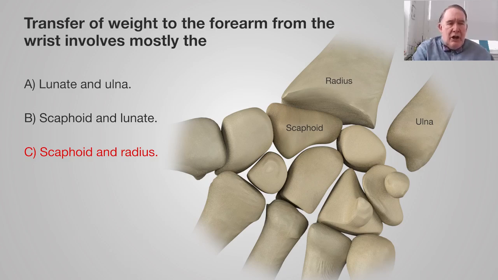You recall that the ulna is relatively small at the wrist and does not articulate with it directly, but through a little wedge of cartilage. And it's the radius that's prominent at the wrist, and its main articulation is with the scaphoid. We could also add the lunate to that as well, but it's the radius and the scaphoid that are the principal articulation points at the wrist.